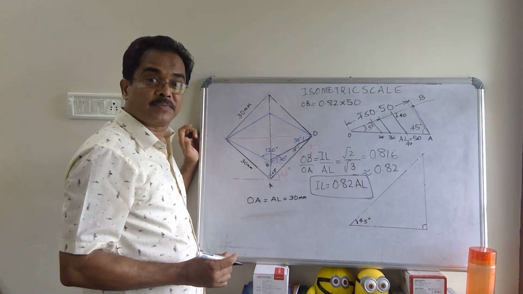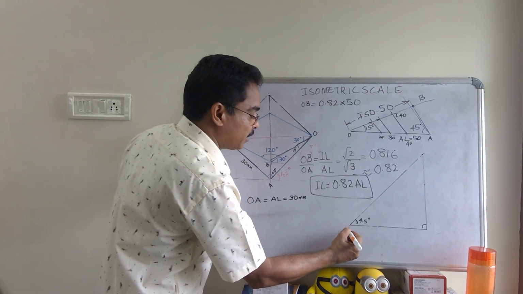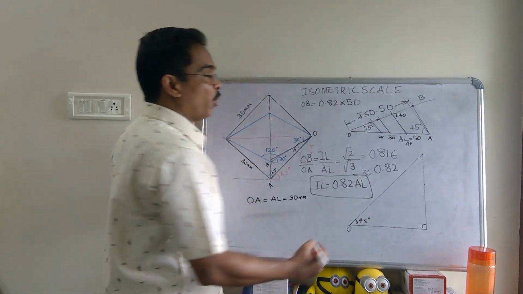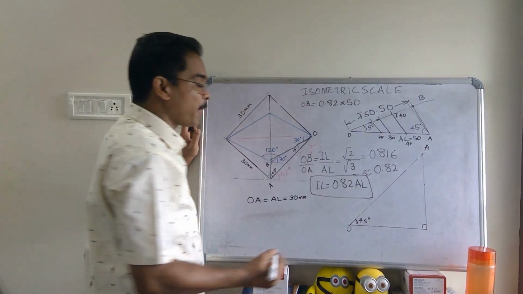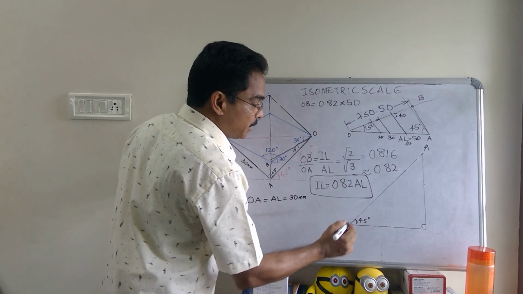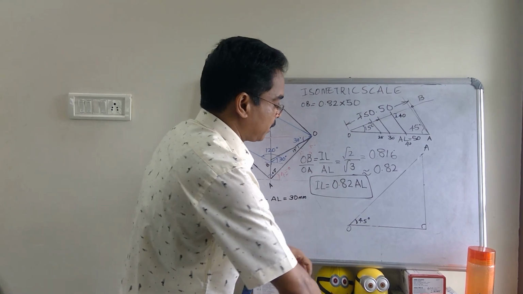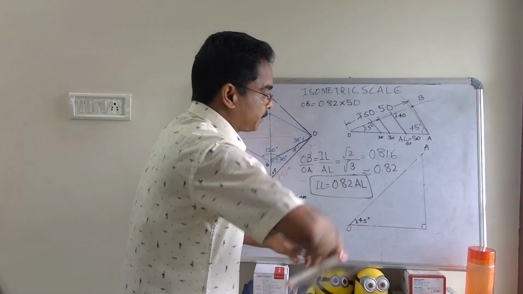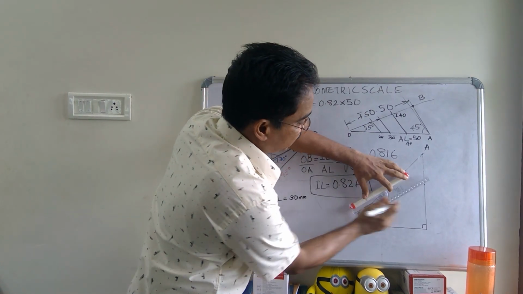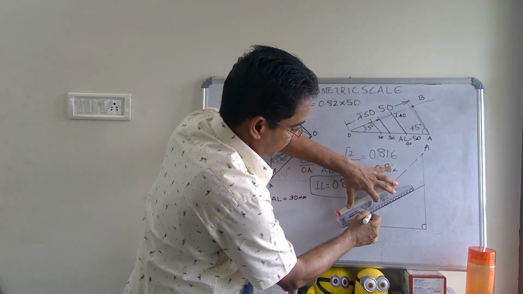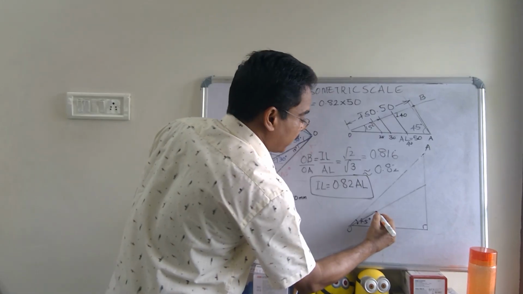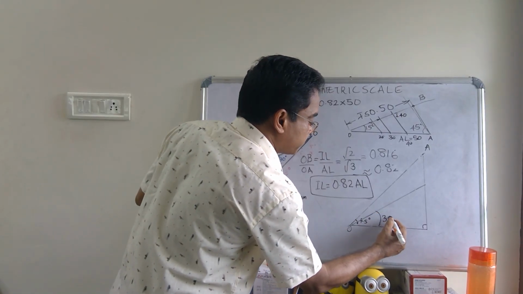Okay, so I can say this is OA, 45 degree. Now I'm drawing another line, 30 degree. Okay, this angle is 30.